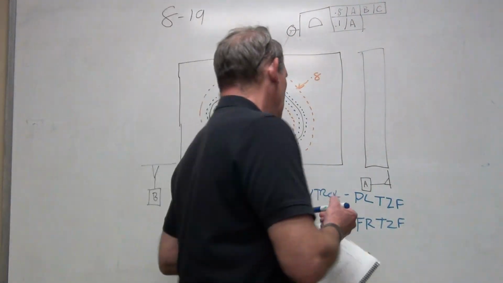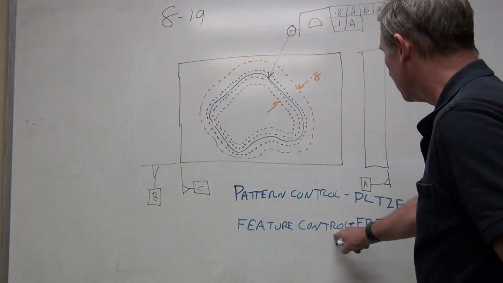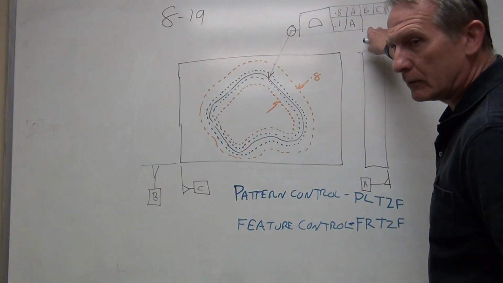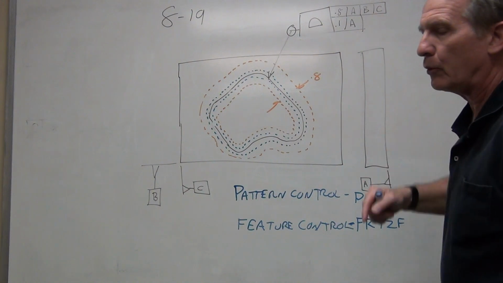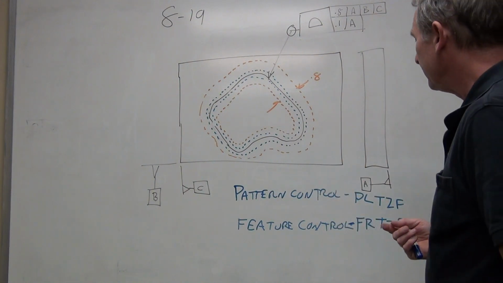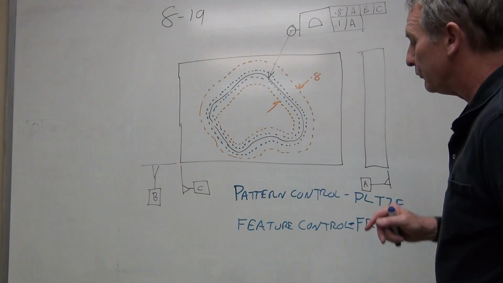So I called this in the previous video the feature control. So the bottom feature control frame is going to always control the feature itself.